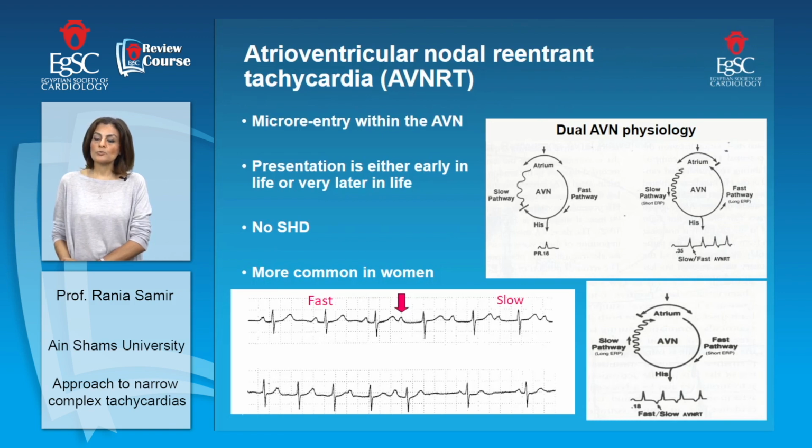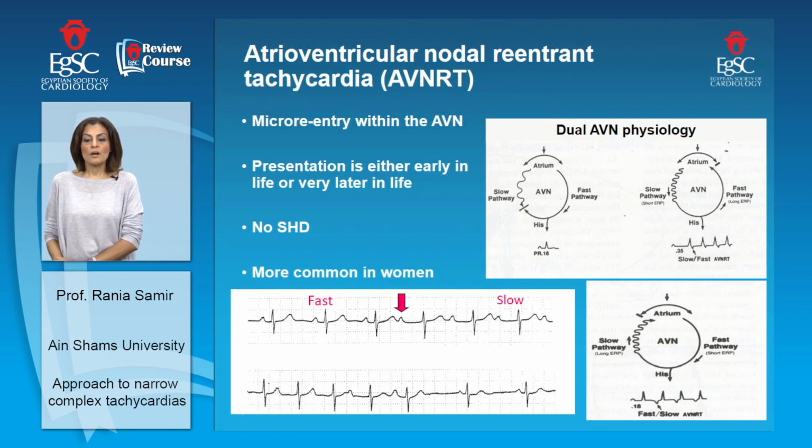And then when it moves up again, it finds the slow pathway ready, out of refractoriness, and it conducts slowly retrogradely into the atrium, producing a retrograde P wave that is far away from the previous R wave, producing a long RP interval.